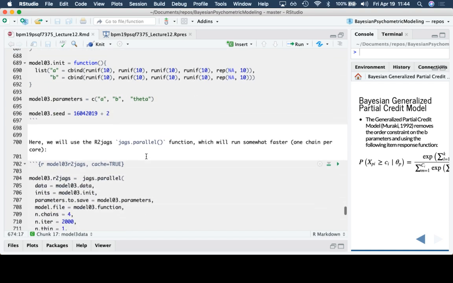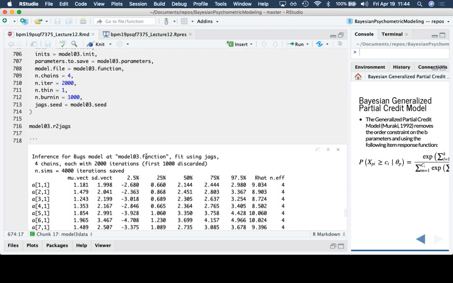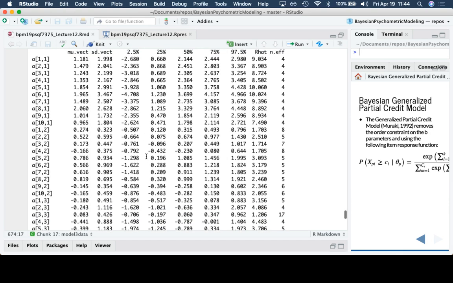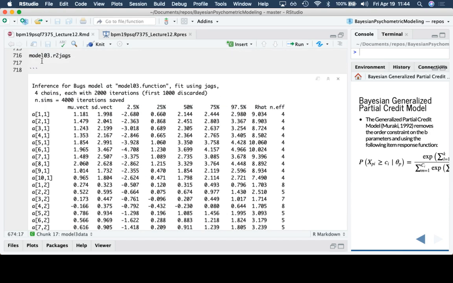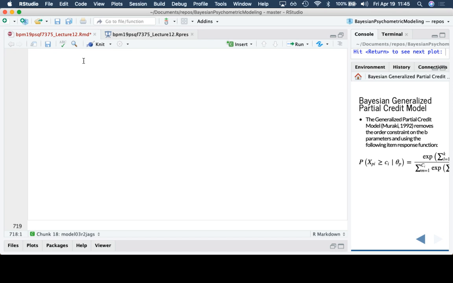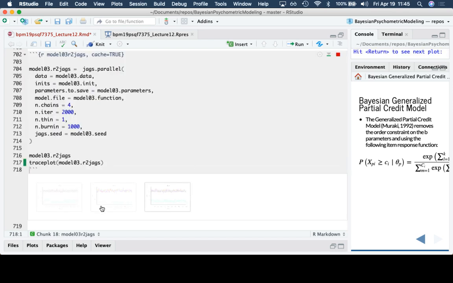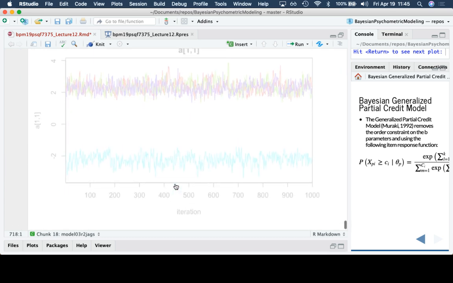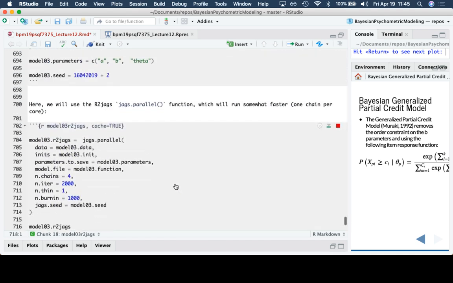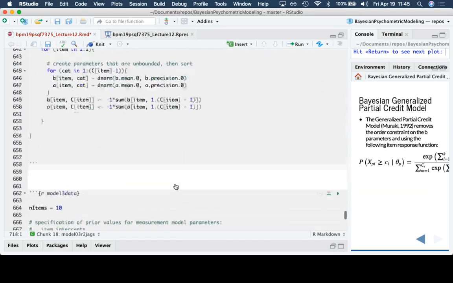I'm not ruling out there may be some other issue with my model or my syntax, but that doesn't look good, does it? You can't really see it until I get all the way through, but take a look at that. We got multimodality in the A's, which makes me think I didn't get one of my constraints just right.